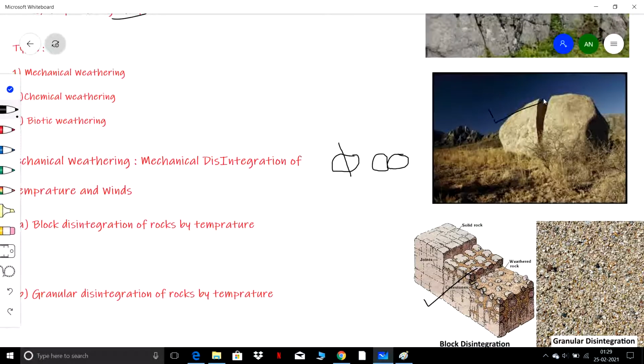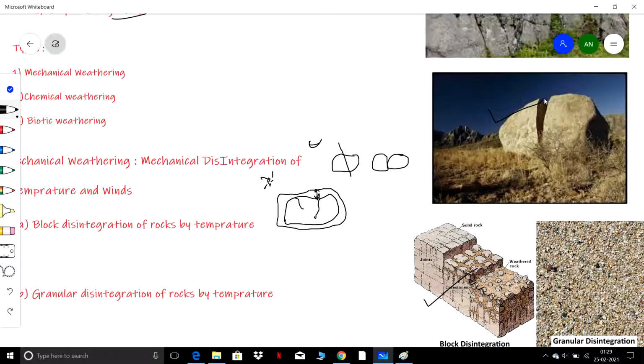What is block disintegration of rocks by temperature? Consider a rock that experiences heat from the sun during the daytime. It absorbs the heat and undergoes expansion. During the night, it cools and comes back to its original position. This expansion and contraction leads to the development of cracks or fractures.